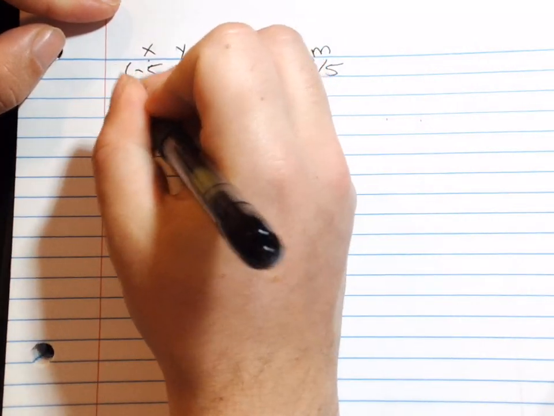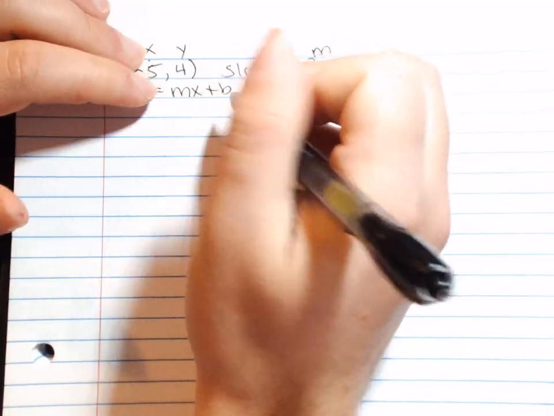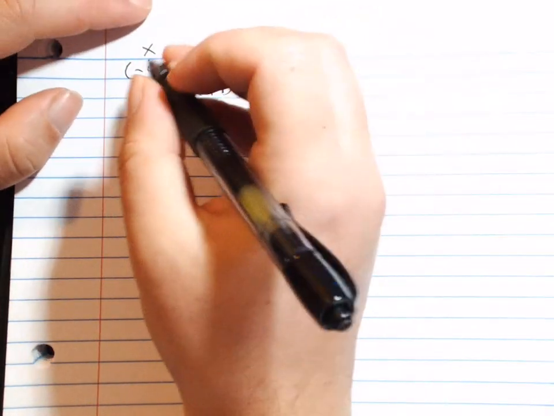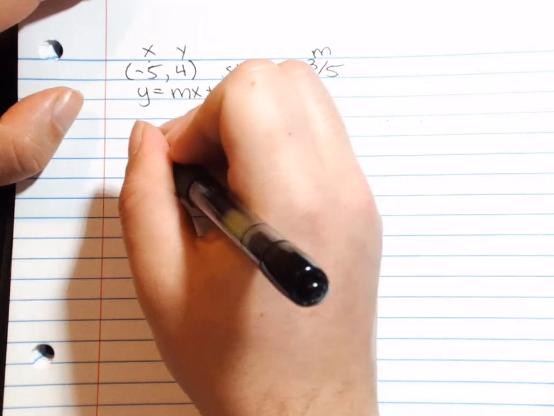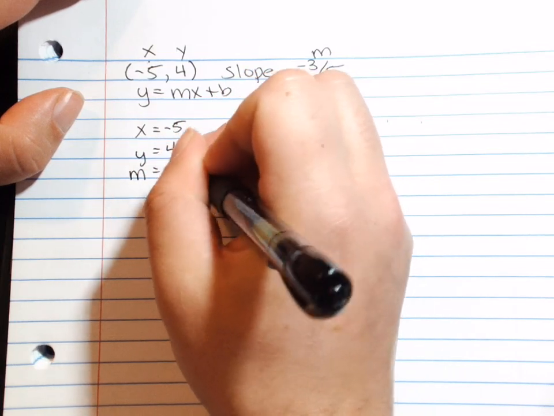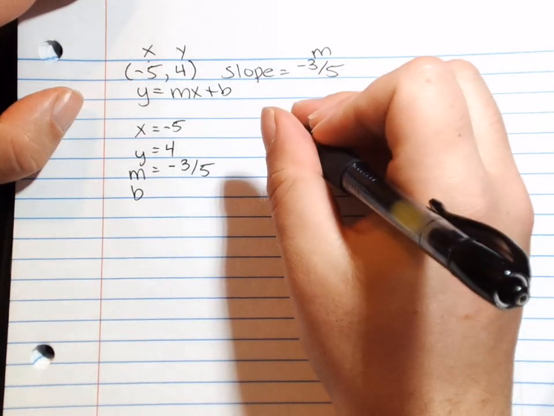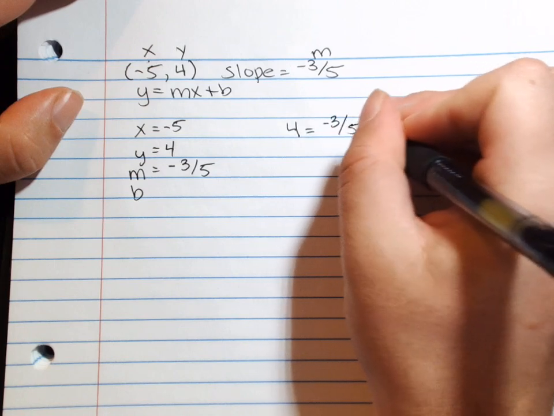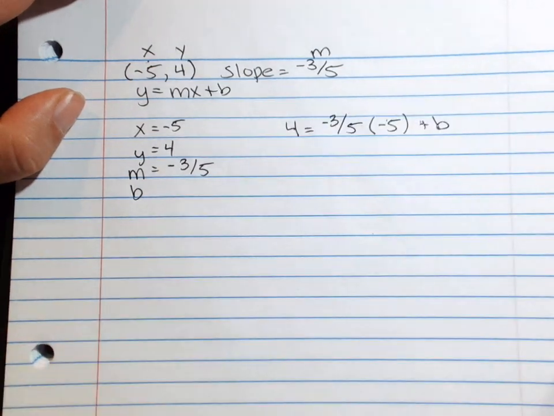I'm going to write down y equals mx plus b, or my total is my slope times my independent variable plus my start. x equals negative 5, y equals 4, m equals negative 3/5, and I'm missing b, which is my start value. So 4 equals negative 3/5 times negative 5 plus b.